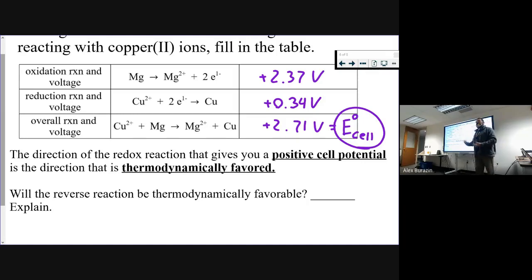When delta G is positive, you have a thermodynamically unfavorable process, meaning it's not going to happen. When it comes to potential and galvanic cells, we are looking for a positive cell potential. A positive quantity of volts implies that you do have a thermodynamically favorable process. This is a working battery. It's going to do something for us. It's going to react. It's going to go in this direction.